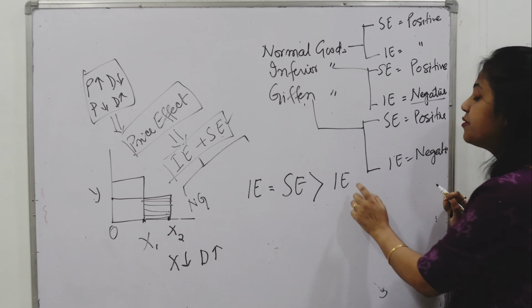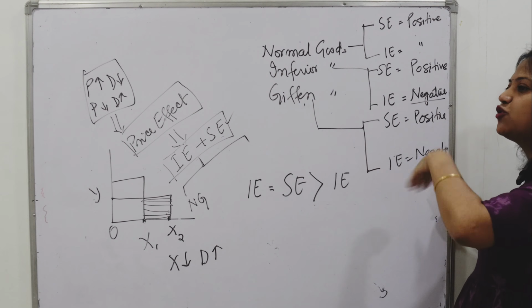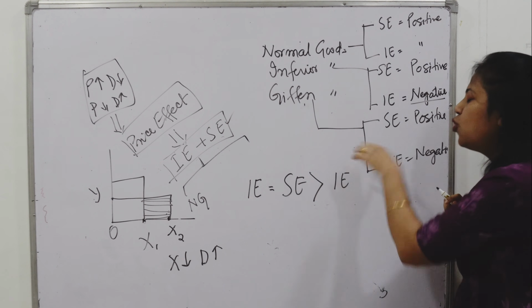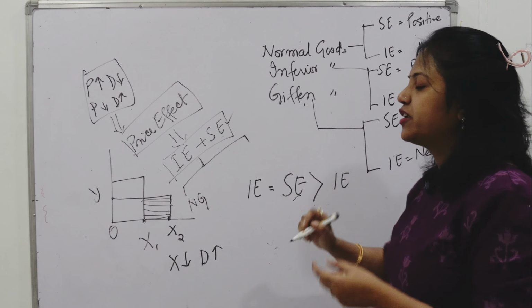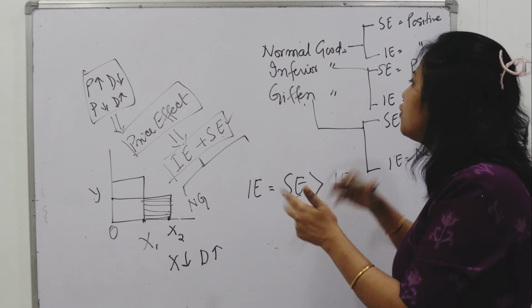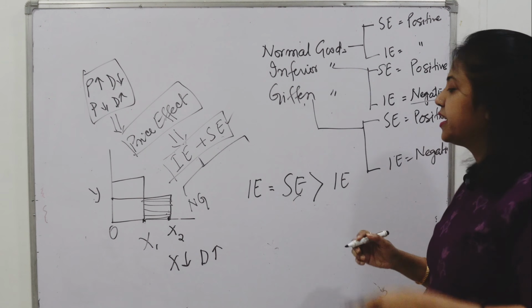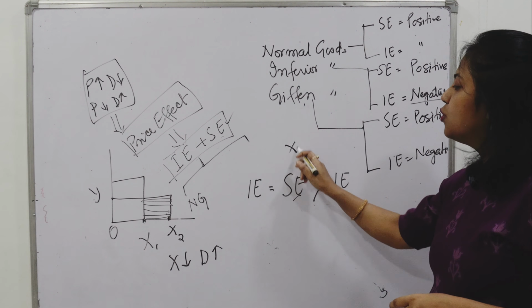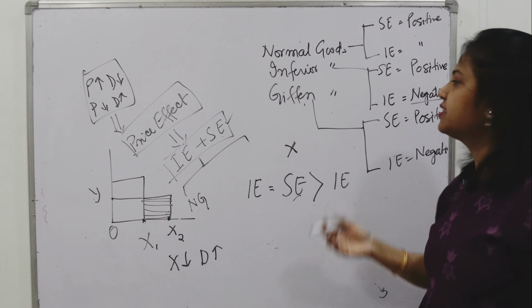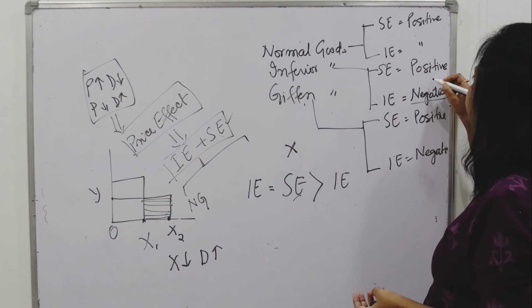Because if you have an income effect, you will try to switch over. In the substitution effect, you are trying to switch over to more of commodity X, because commodity X is inferior and its price has fallen, so we will demand more of commodity X. That's why the substitution effect is positive.